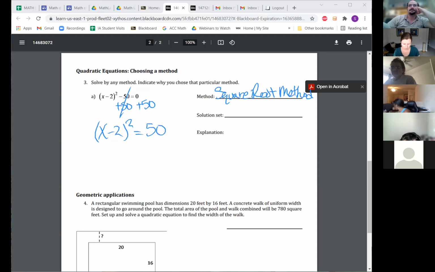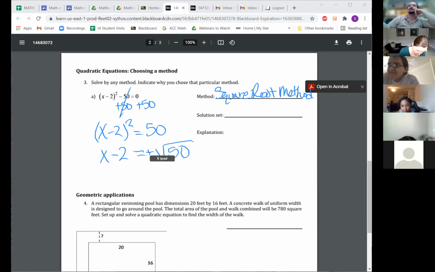Square root. Add the 2. Okay, we're gonna square root, and then what do I need to write? Plus or minus the square root of 50. Plus or minus, yes, don't forget that. And if it's a -50, what would I also have to think about? The i, or the imaginary number.